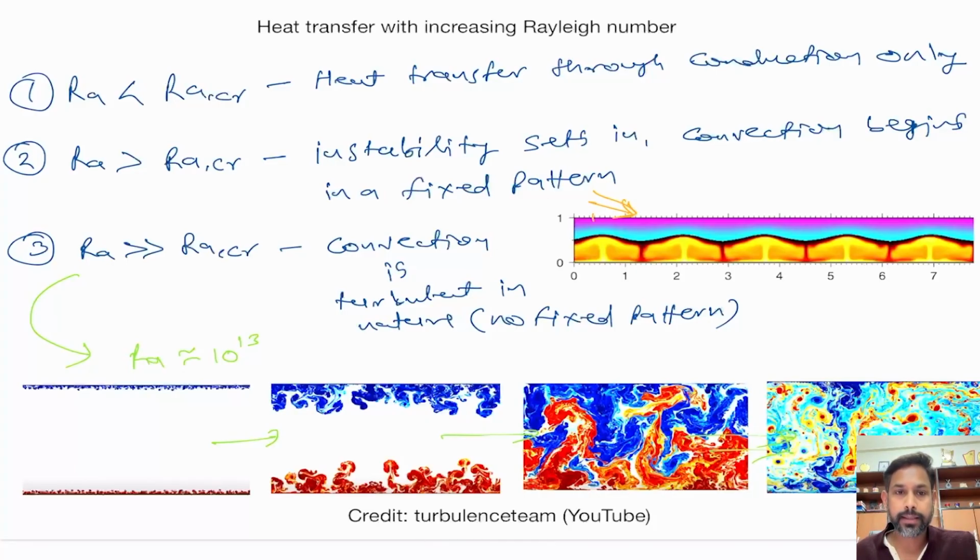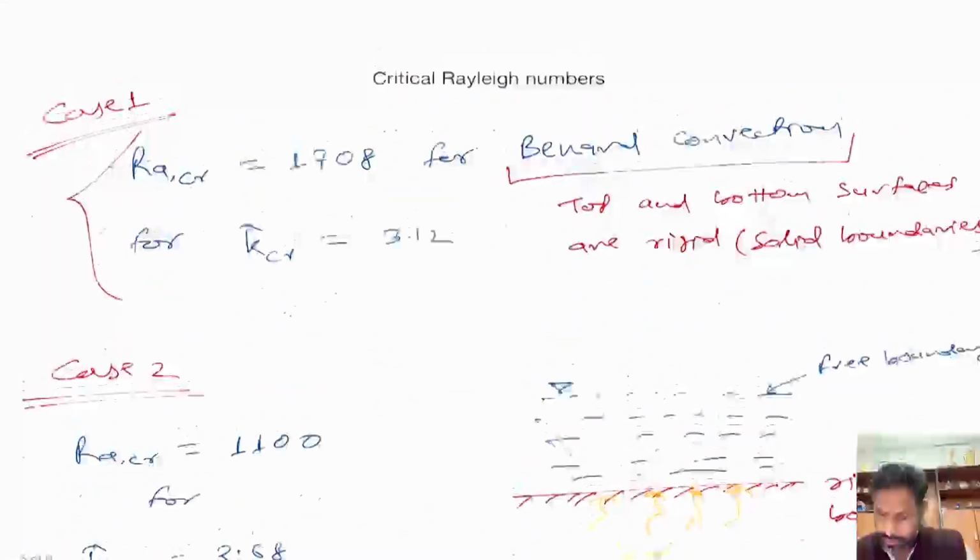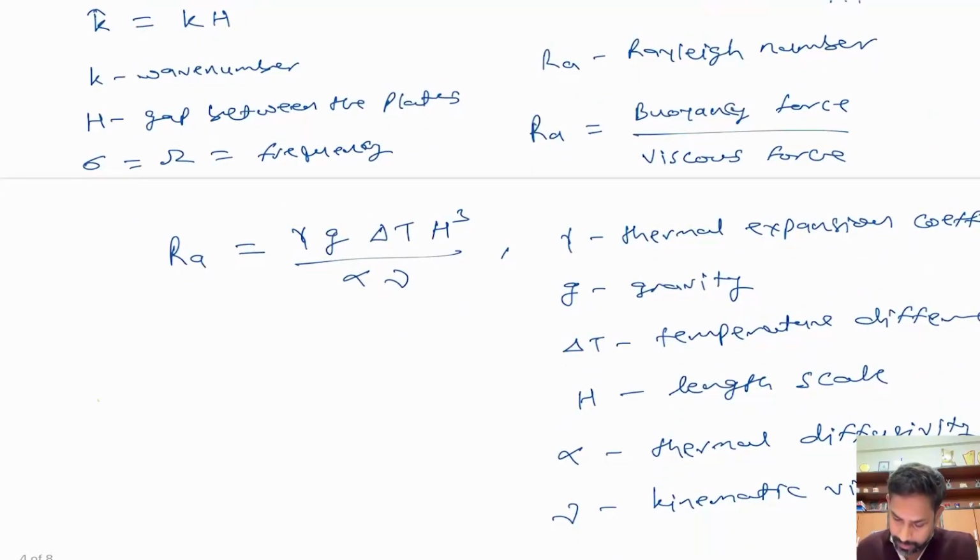Okay, so that is the case, and in fact in majority of cases Rayleigh number is extremely large, because you will see the formula for Rayleigh number is that Ra is proportional to h cube, right?